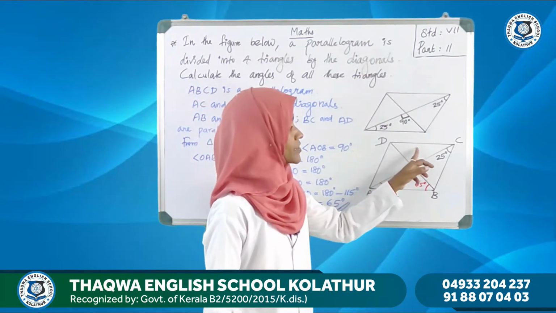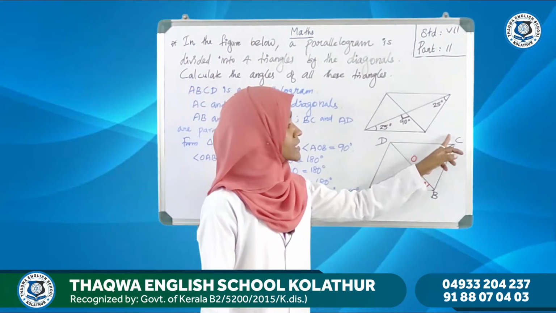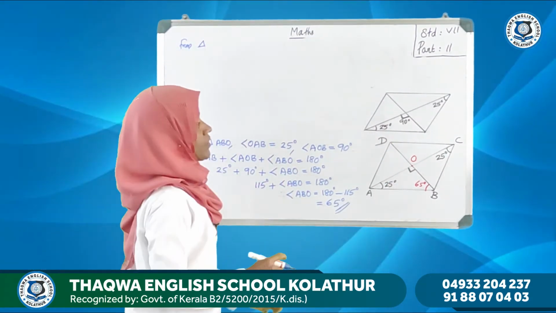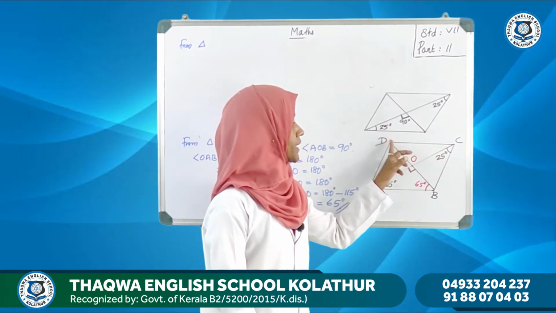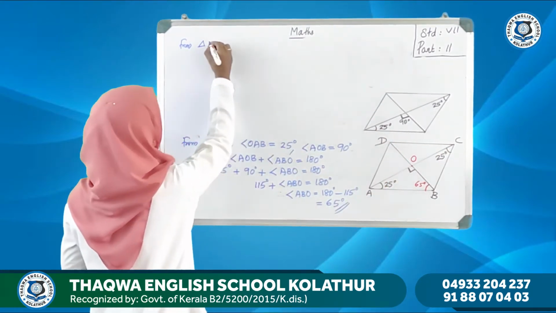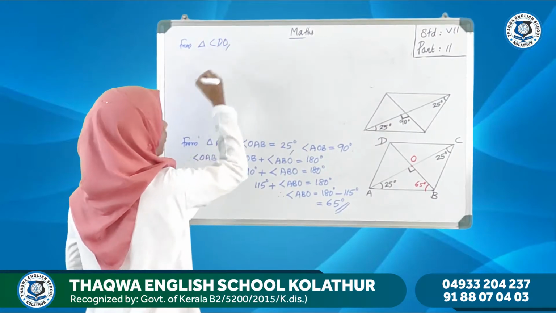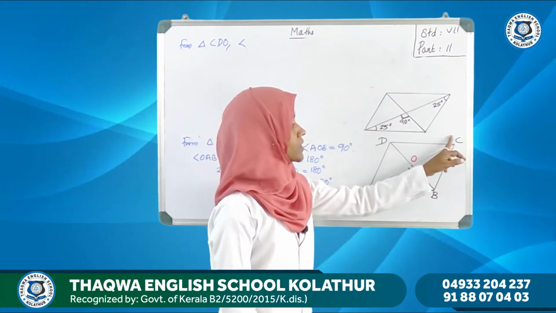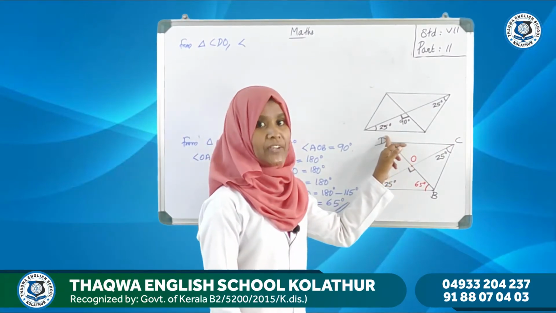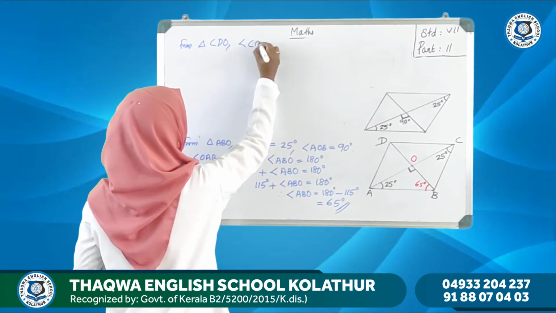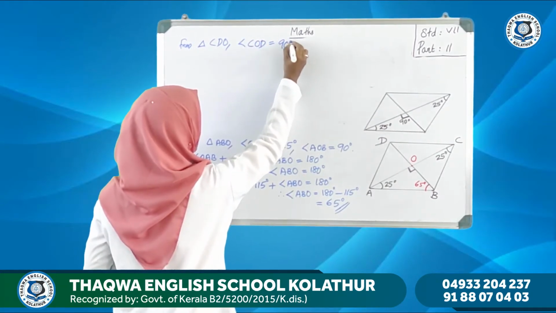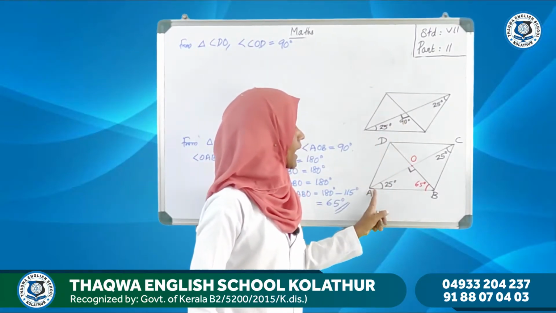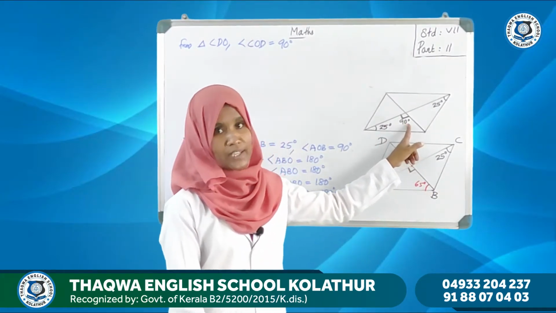Next, let us consider triangle CDO. From triangle CDO, we can write angle COD is 90 degree. What is the reason? Yes, we have given angle AOB is 90 degree.